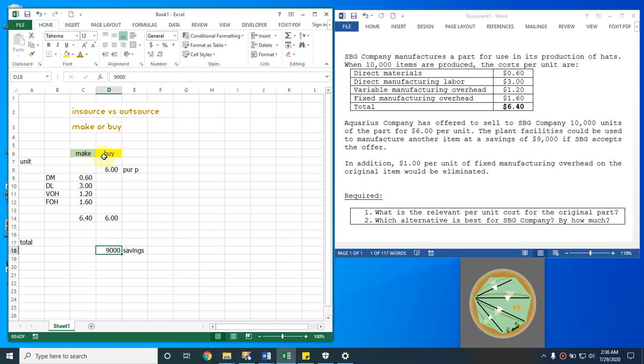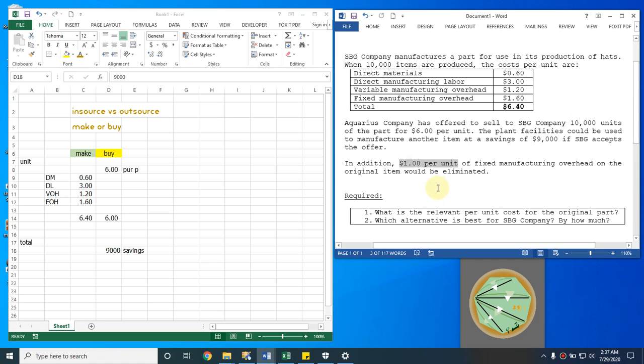But we do not end with $9,000 savings, because finally, we still have this one. In addition, $1 per unit, again expressed on a per unit basis, of fixed manufacturing overhead would be eliminated.